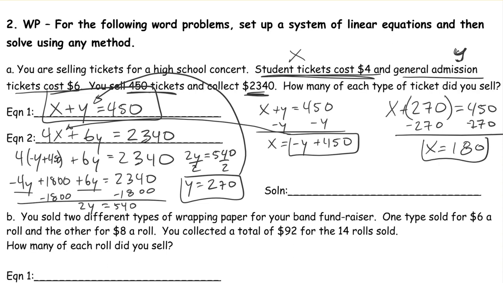So x is 180, y is 270, so the solution is 180, 270, and that's 180 student tickets and 270 general admission tickets.